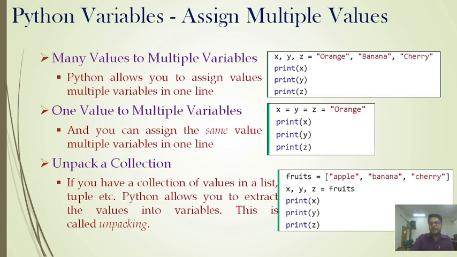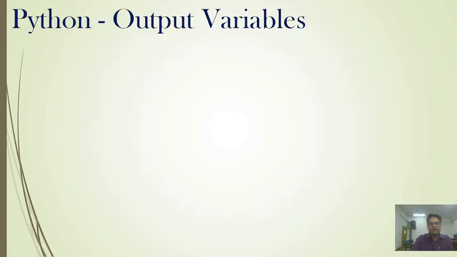So we simply write x, y, z equals the list name, which is fruits, and whatever order is saved in the list, that order will be distributed among the variables x, y, z. So first x will get apple, y will get banana and z will get cherry. In this way you can assign the values.